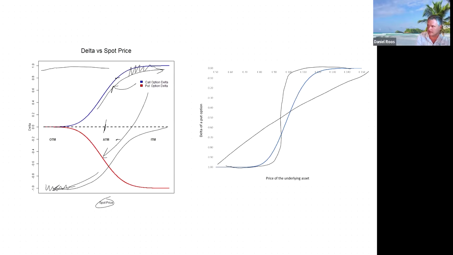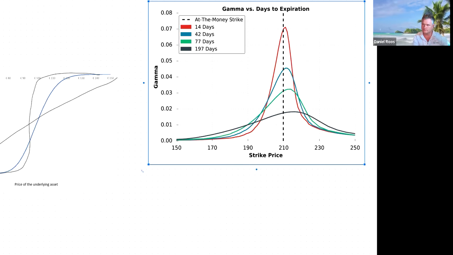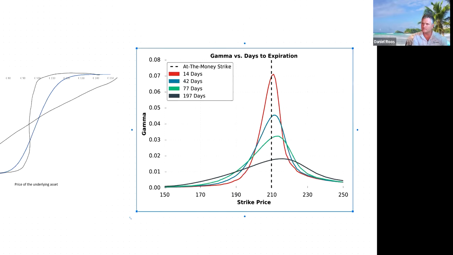Or sorry, gamma, if you want to move on to another image, we swap this. Cool. There we go. Okay, cool.